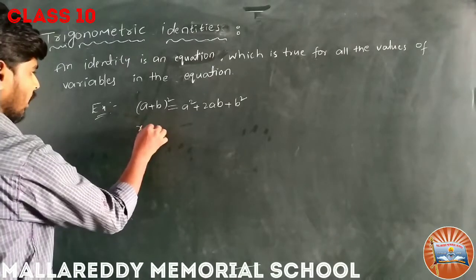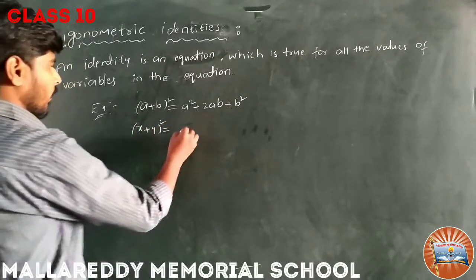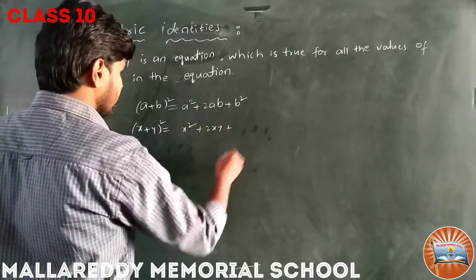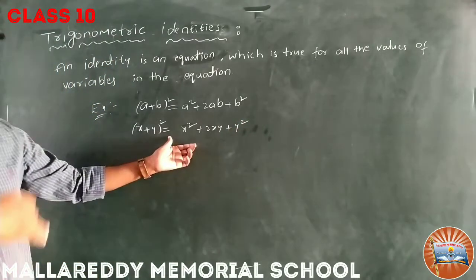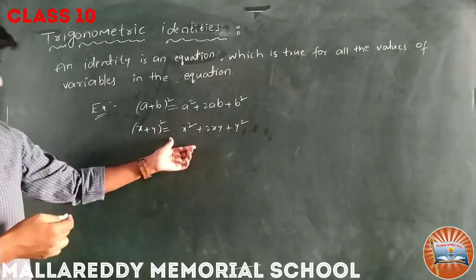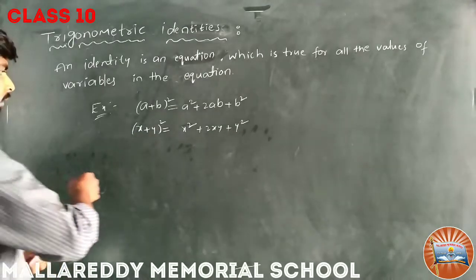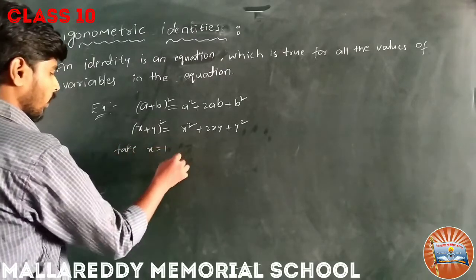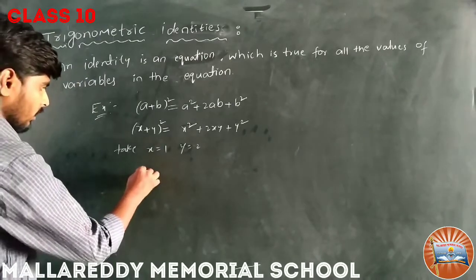That is, (x + y) whole square is equal to x square plus 2xy plus y square. This is also true for all the values and all the variables. Instead of variables, I am now taking numbers. Take x equals 1, y equals 2.